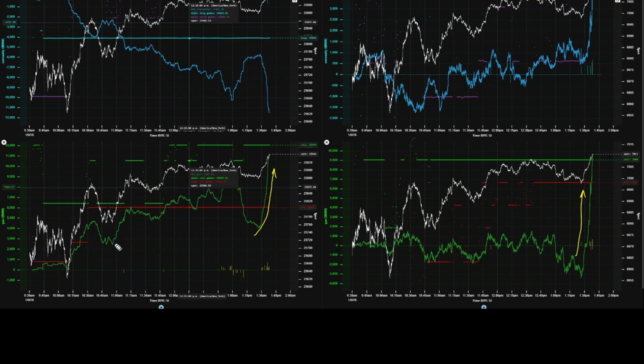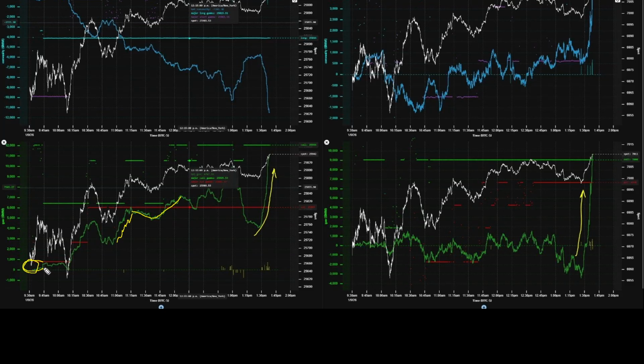The lead is making directionality using all the net GEX in the option market. See here how the net GEX starts to gain more positive gamma.